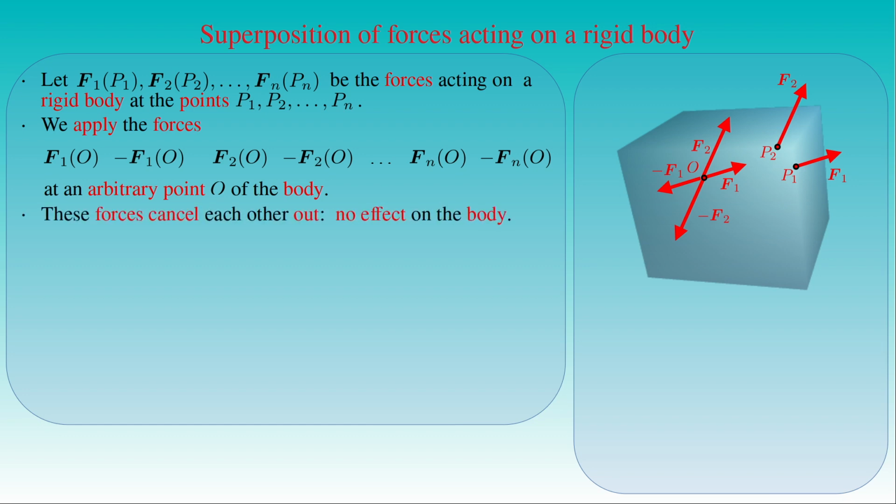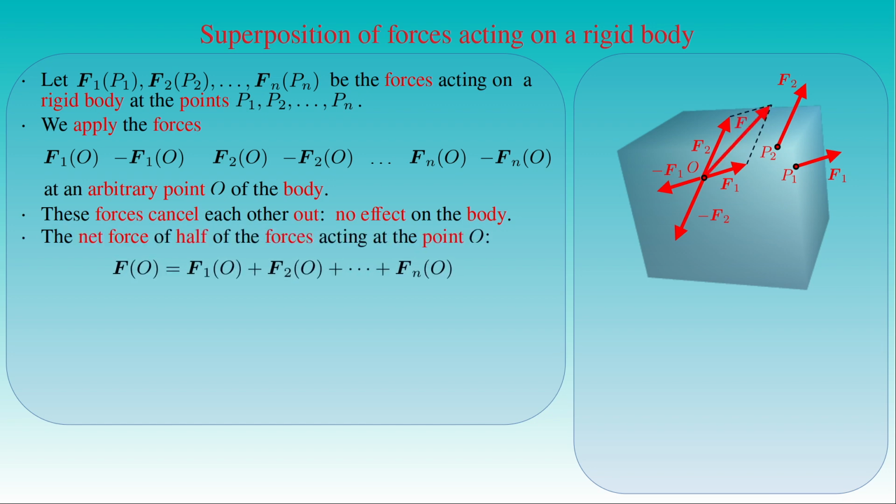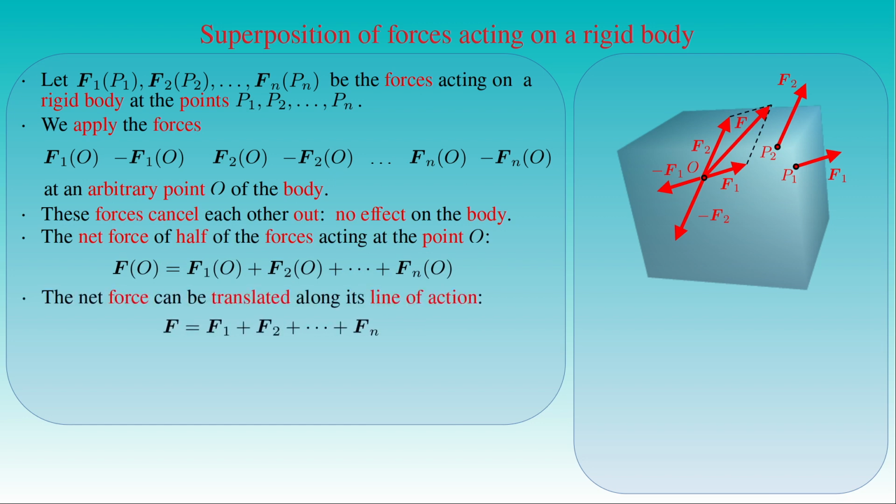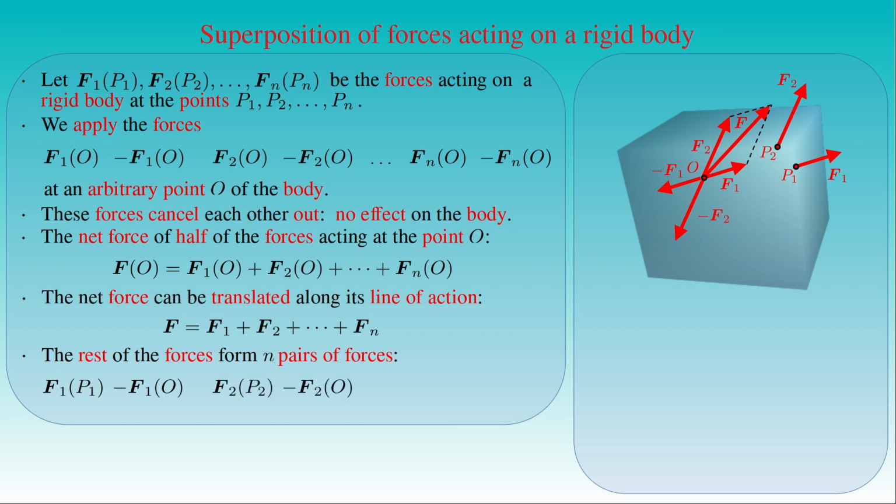Then we determine the net force FO of the forces F1O, F2O, ellipsis, FnO, which is applied at the point O. The net force F can be translated along its line of action and we write it without specifying the point of application. The rest of forces forms the pairs of forces F1 P1, minus F1O, F2 P2, minus F2O, ellipsis, Fn Pn, minus FnO.